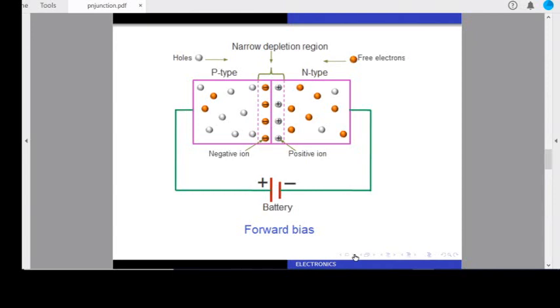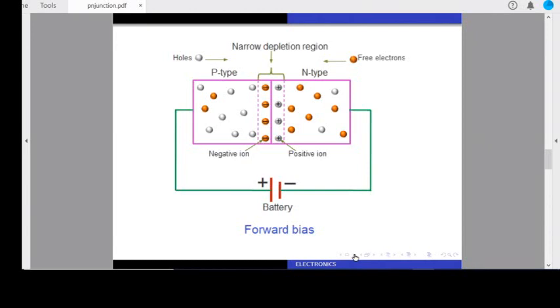In forward bias, the positive terminal of the battery is connected to the p-type side, and the negative terminal of the battery is connected to the n-type side of the p-n junction. When these connections are made, the positive terminal of the battery is going to repel the holes that are found in the p-type side.